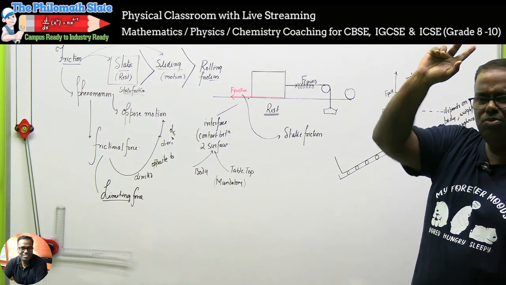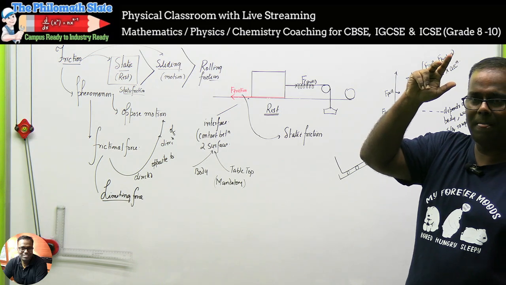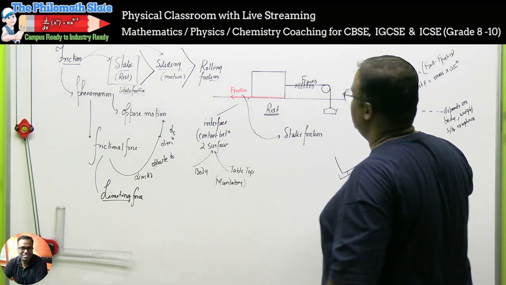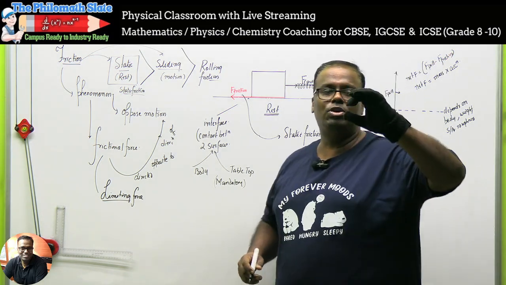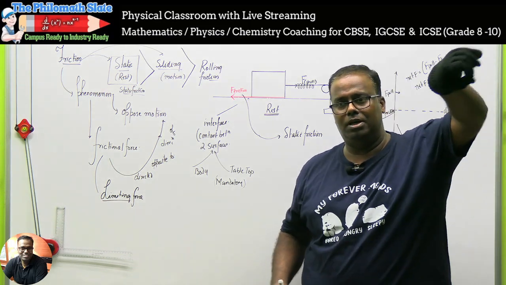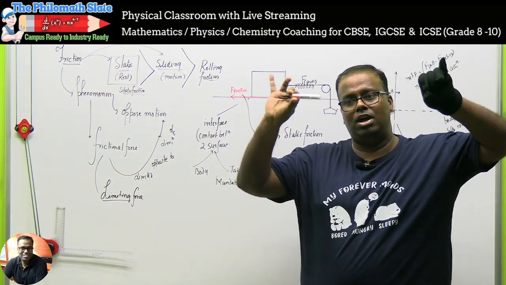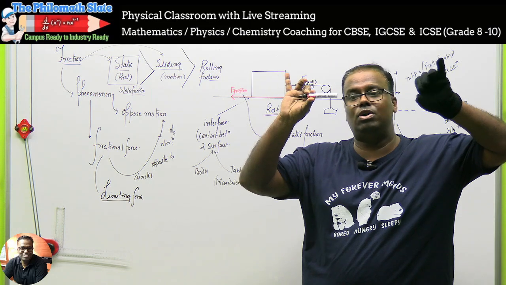Fans, they move so smoothly. Ball bearings. See, suppose there is a circular ring, we call this a hub, and you have a pipe, which in engineering we call a shaft.